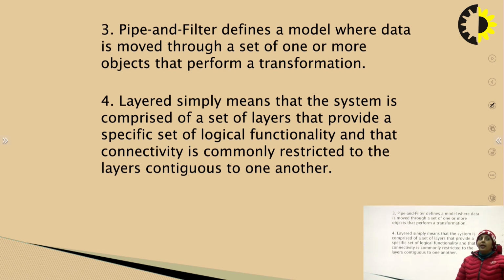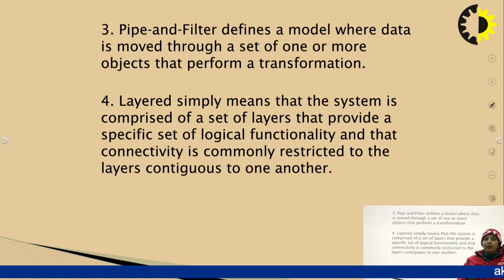Another one is the layered architecture. Layered architecture simply means that the system comprises a set of layers. Means in layered architecture there is a set of layers, each with a specific logical functionality. Every layer has a different functionality. When we use a layered architecture, the connectivity is commonly restricted to layers that are contiguous to one another.